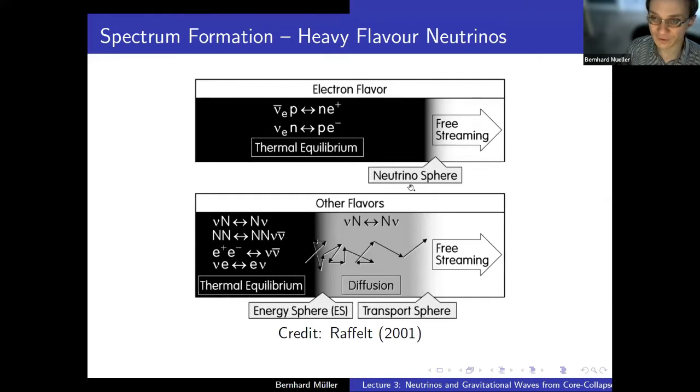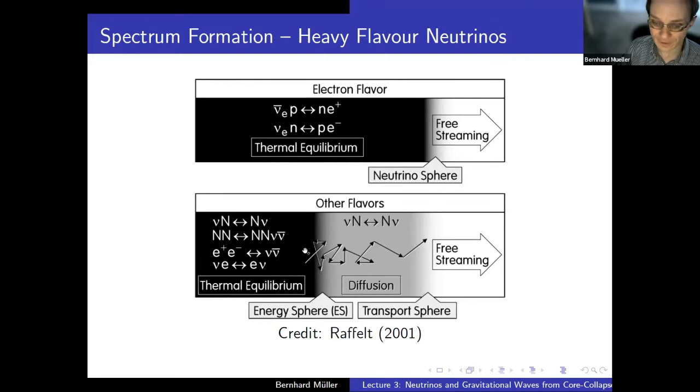So the difference is with the electron flavor neutrinos, basically the emerging intensity is dictated by the thermal conditions at one region, the neutrinosphere of decoupling, where the optical depth is about 1 or 2/3.